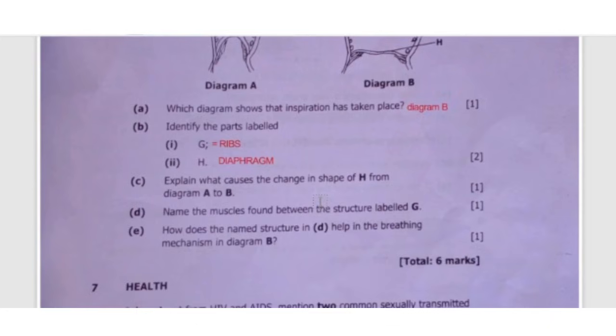Okay, the next question is question C, which is: explain what causes the change in shape of H from A to B. What happened there is it contracts or flattens, right? What causes that is that it contracts or flattens.